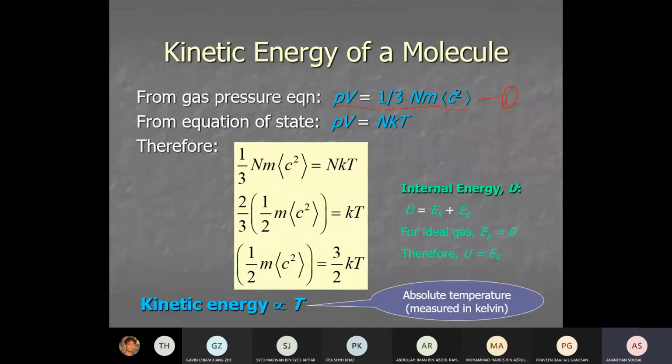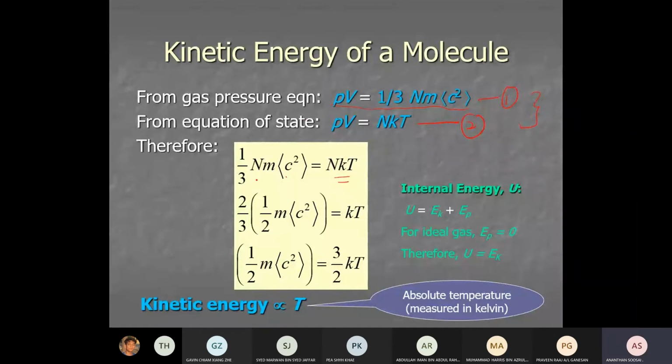From the equation of state, from experimental data, we got PV equals NkT. If these two are correct, then we can compare them. So 1/3 Nm c squared should equal NkT.